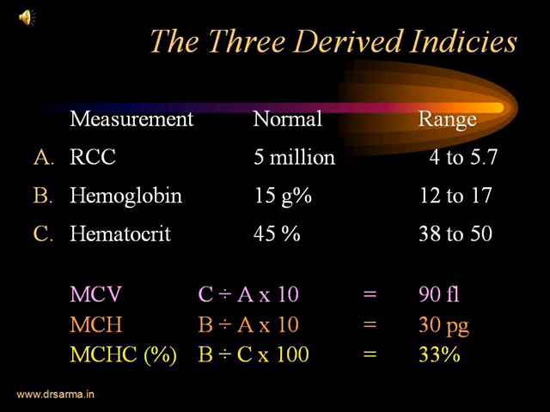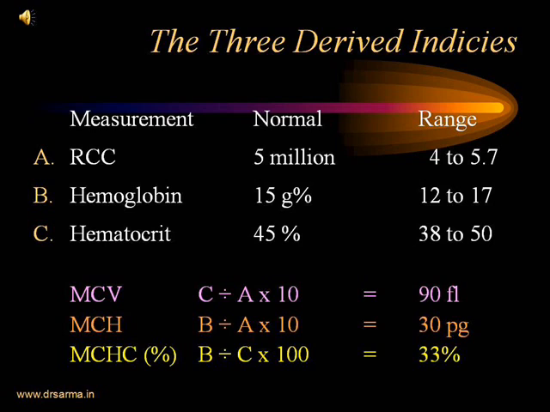Total volume is C, hematocrit, total number is RCC, which is A. C divided by A into 10, that is 45 divided by 5 is equal to 9, multiplied by 10 is equal to 90. Once again, MCV is equal to hematocrit C divided by RCC, which is A, multiplied by 10.